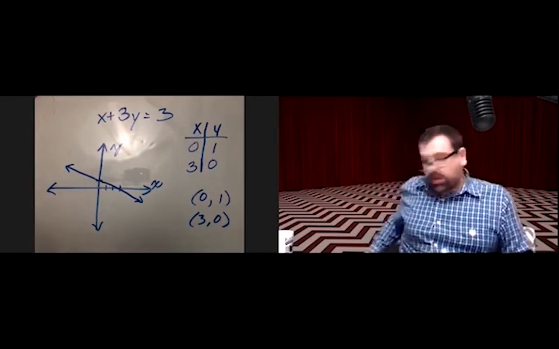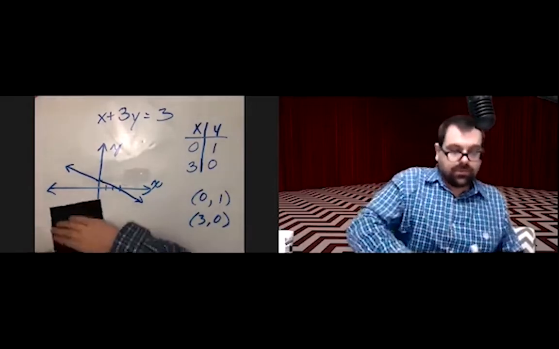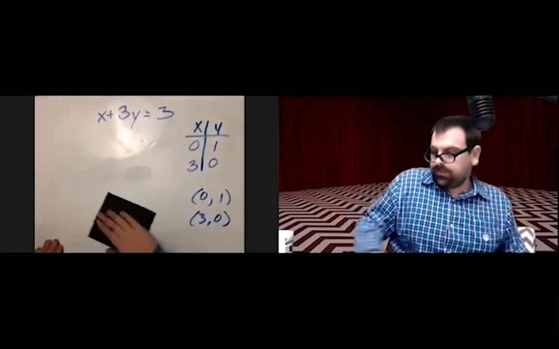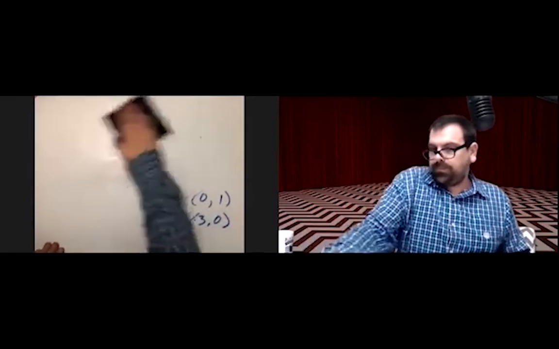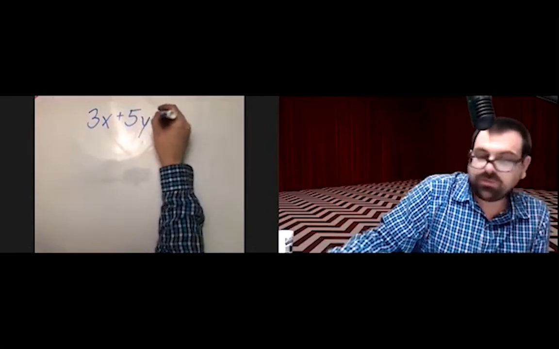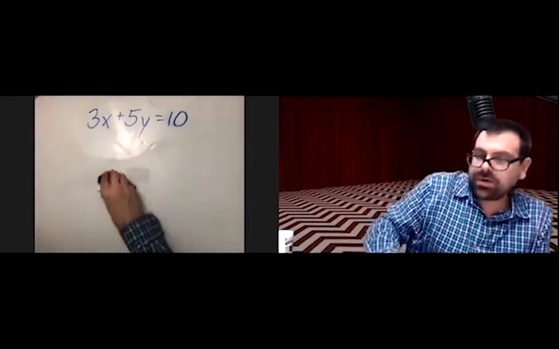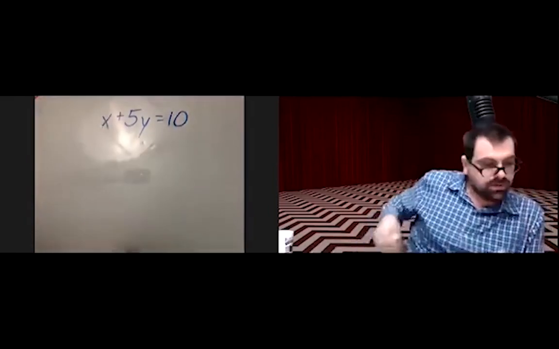So, new equation. 3x plus 5y equals 10. And actually, I don't want to do 3x right now.